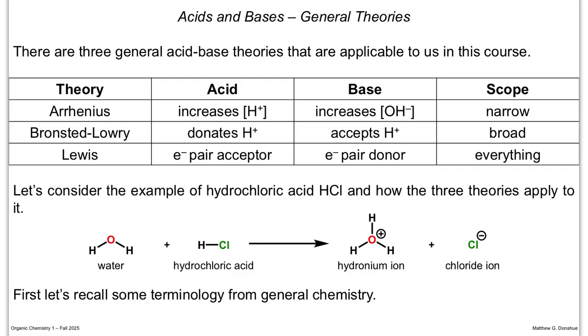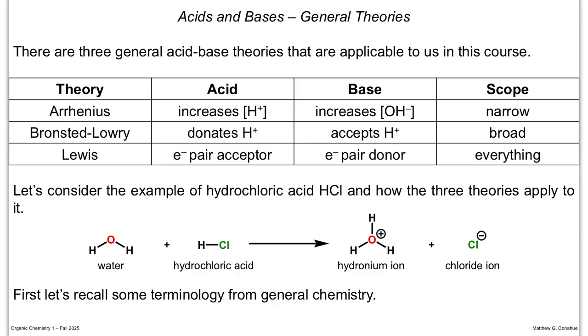So that leads us into these three theories of acidity now. And as you see in the fourth column in the table, the scope, I think Gen Chem primarily focuses on this first definition here, the Arrhenius, where you're either looking at proton or hydroxide as the acidic or basic species.